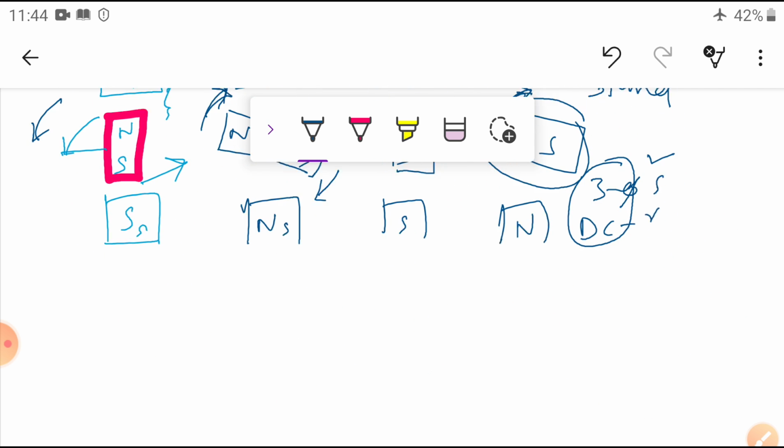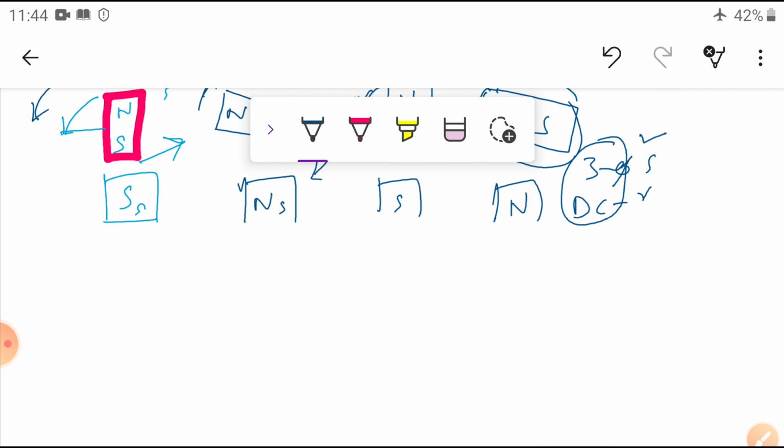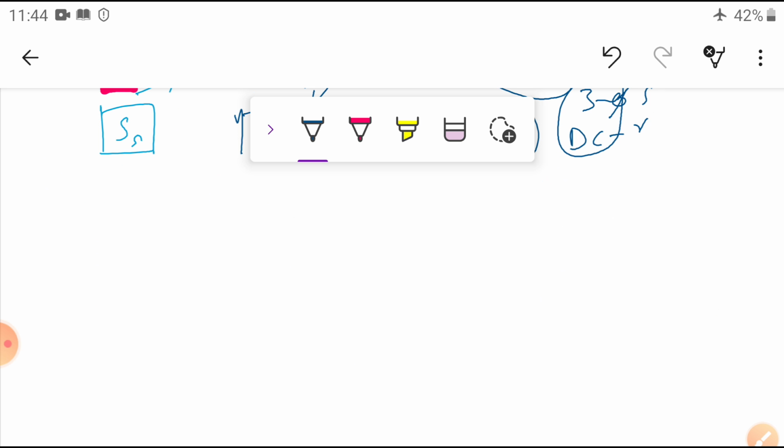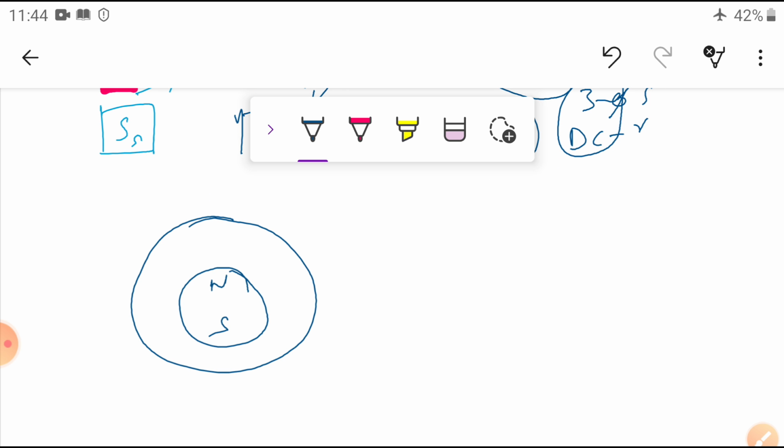So what to do to start this one? Initially, this is the stator and this is the rotor, with north pole and south pole. For that purpose we give some mechanical input to the rotor, and the stator generates a north pole and south pole rotating in the clockwise direction, for example, at synchronous speed.